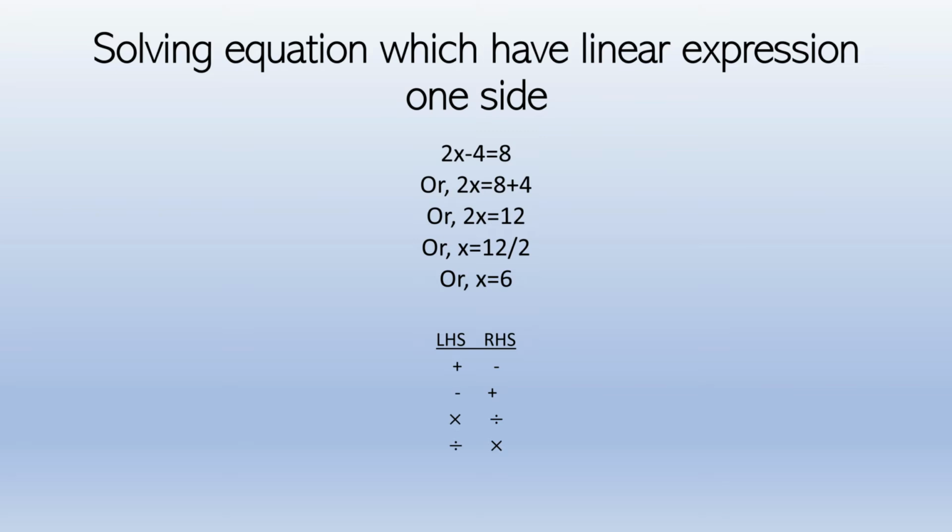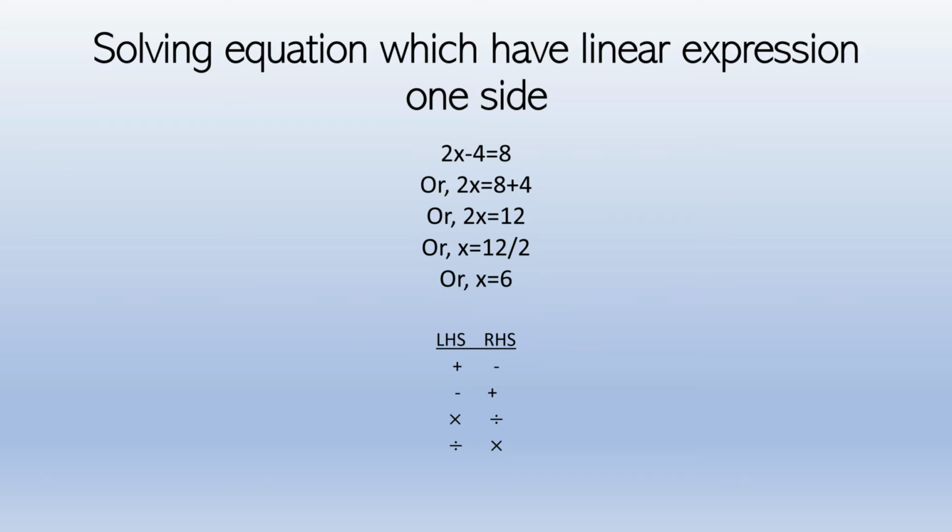Start with the first method, solving equations which have a linear expression on one side. Example: 2x minus 4 equal to 8. To solve these equations, we have to follow some rules, such as we should write all the constant terms on the other side of the variable.